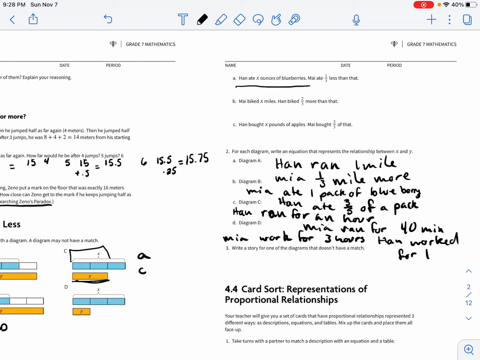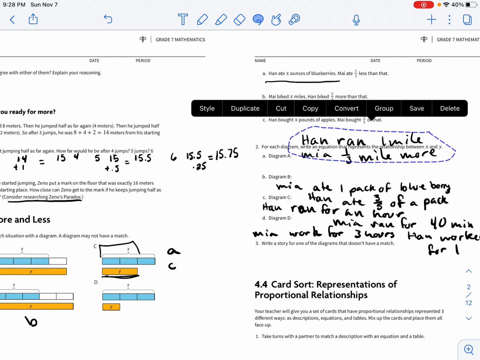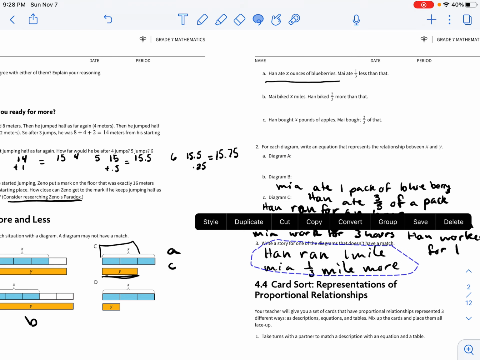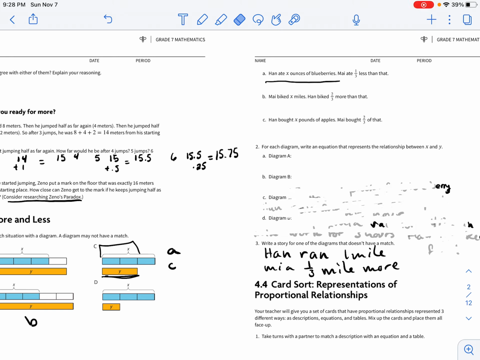Oops. So I didn't do this right. So let's see, the one that didn't match any, we'll stick with this first one. So I didn't read the question right. I'm supposed to write the equation, not a story for each one. So the equation being y equals k times x, or something along that line.